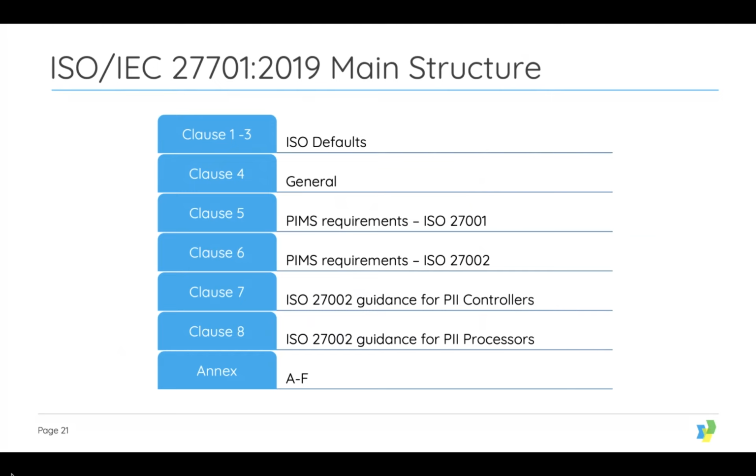Then clause 4 is the general clause. Then they start with the specific clauses, 5, which is relating to the PIMS requirements, right? And then clause 6. Clause 7 is more important from the implementation perspective, and it also provides guidance to the PII controllers, and clause 8 also provides guidelines for the PII processors per se.